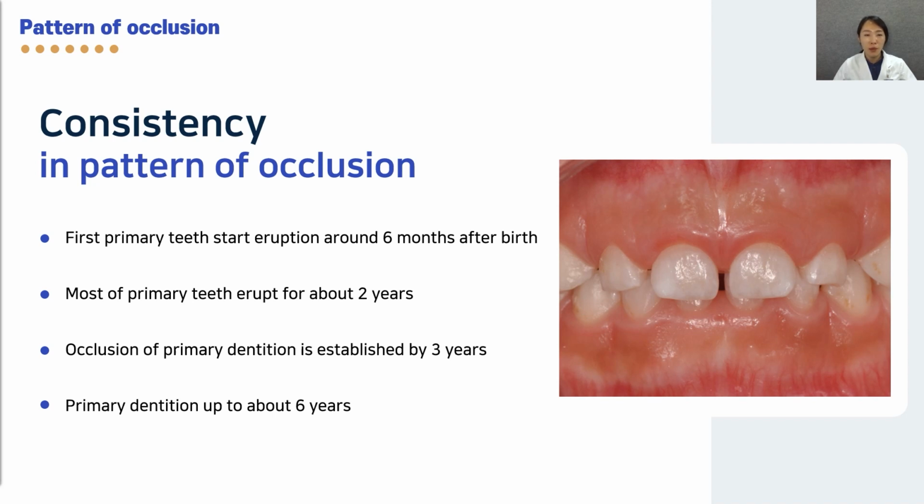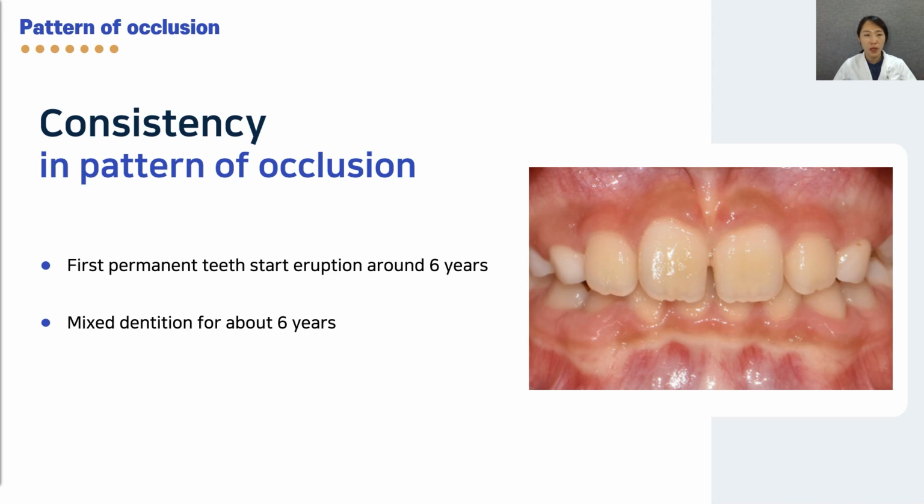Thereafter, primary dentition is maintained until around age 6. Around age 6, permanent first molars and mandibular permanent central incisors erupt, and mixed dentition lasts for about 6 years with both primary and permanent teeth.